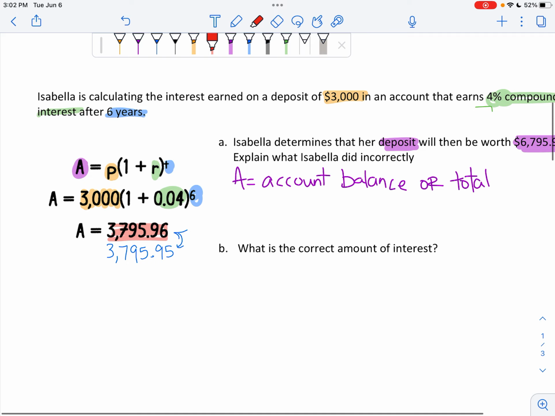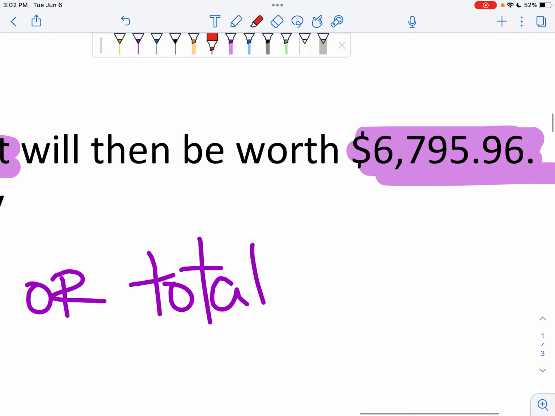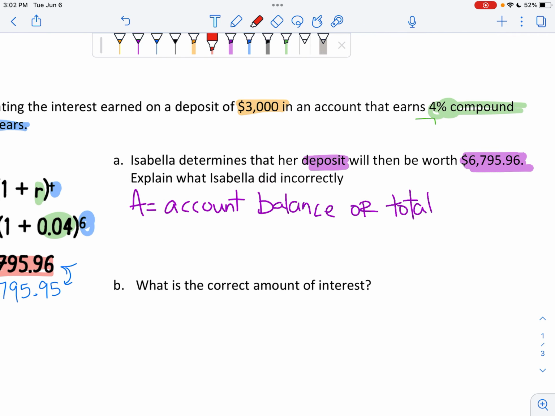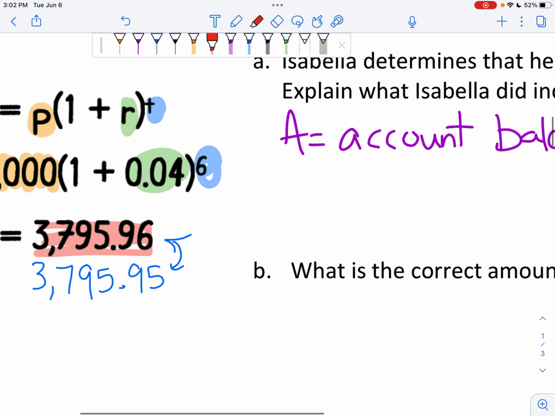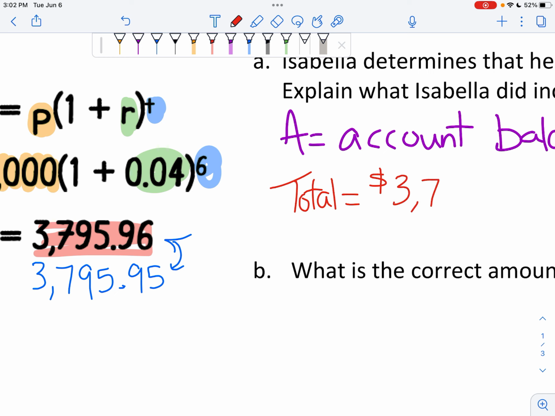She says that her deposit is $6,795, but our work says that the total is actually, grab my red here, the total equals $3,795.95 or 96 cents.